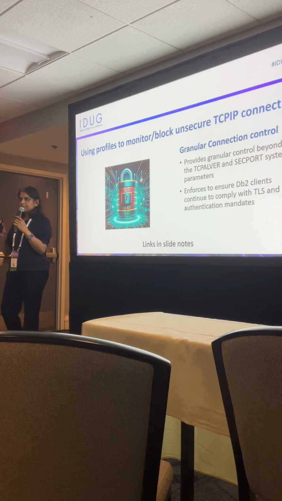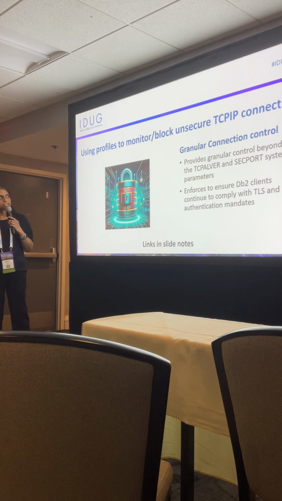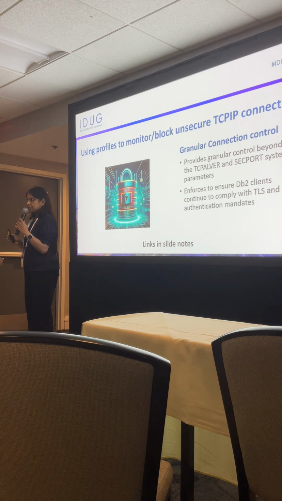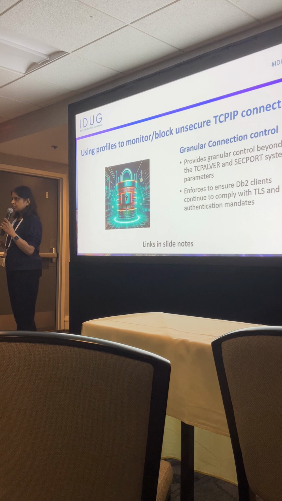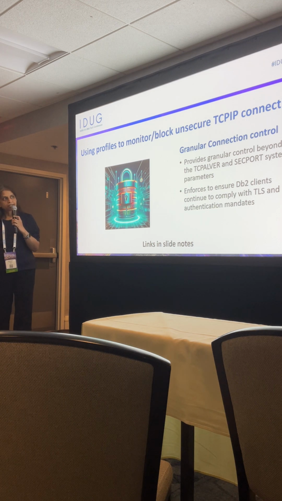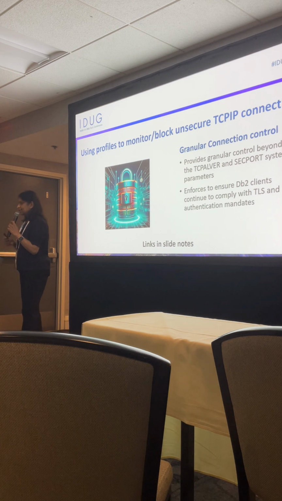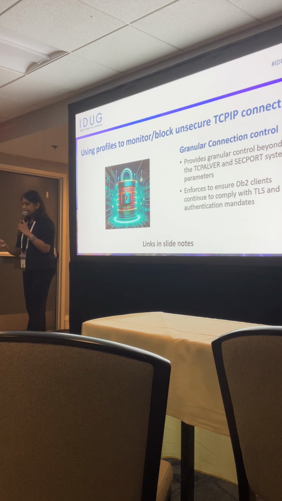So what we did in version 13 is we introduced profiles to monitor or block unsecured TCP/IP connectivity. This provides a simple approach using the profile tables where you can discover applications that are not using secure connectivity, and you can also enforce that applications use secure communications and authentication mechanisms. It gives you control beyond the TCP/IP already verified parameters, and you can also enforce that.